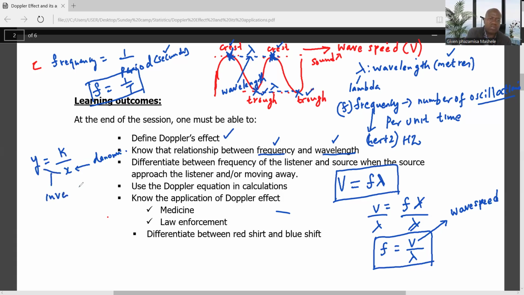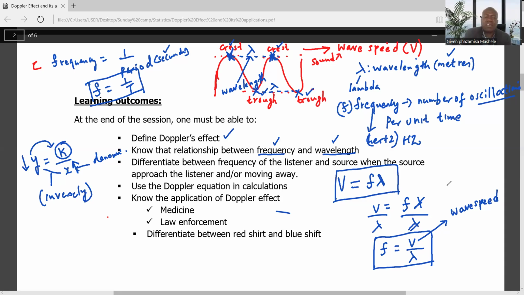In physics, you need to understand what inversely proportional means. If we increase the denominator, the expression will decrease, provided k is constant. So the higher the x, the smaller the y, and the smaller the x, the higher the y. But when comparing the variables on the same side, these are directly proportional.